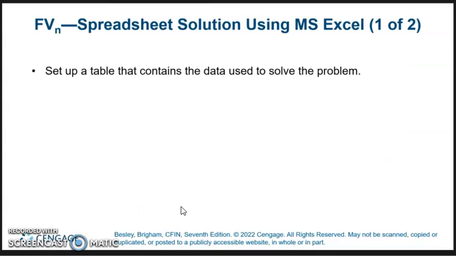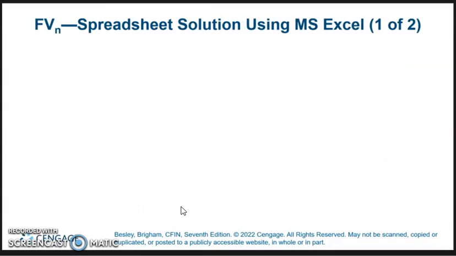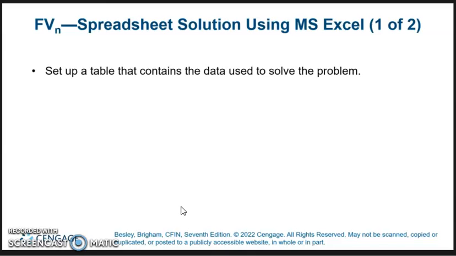The same is true when you're doing it in a spreadsheet. There are solutions in the examples where we use Excel. When you use Excel, you can type all the information into the formula, but a lot of times it's helpful to set up a table that contains the data that you can use to solve the problem.